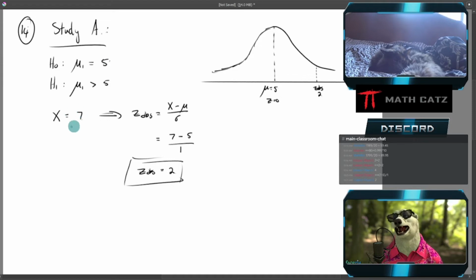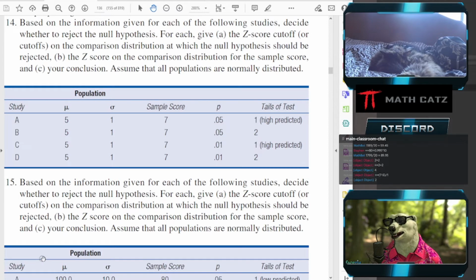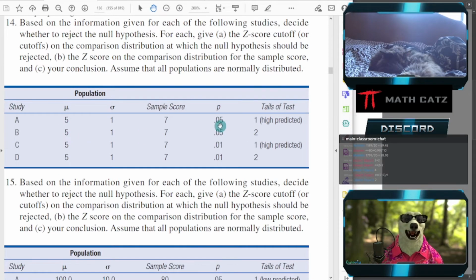Otherwise, I wouldn't just get these observations. We need a cutoff value or a cutoff score. So they want me to use an alpha of 5%.